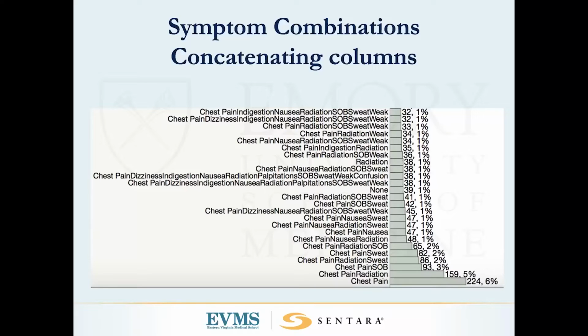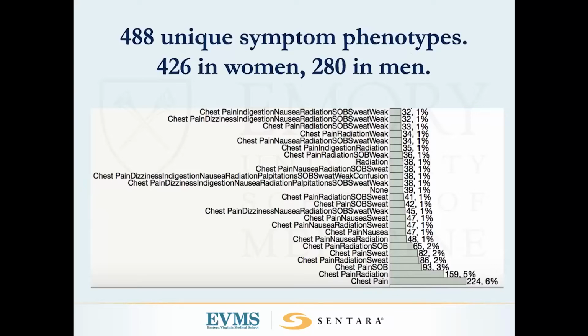And so here is a brief description of the distribution of the phenotypes. You can see that chest pain alone was the most common phenotype, occurring in about 5% of the population. Chest pain with radiation was second most common. Chest pain with shortness of breath, third most common, and so on. What we found is there were 488 unique symptom phenotypes in the Virgo study group of 3,500 people.